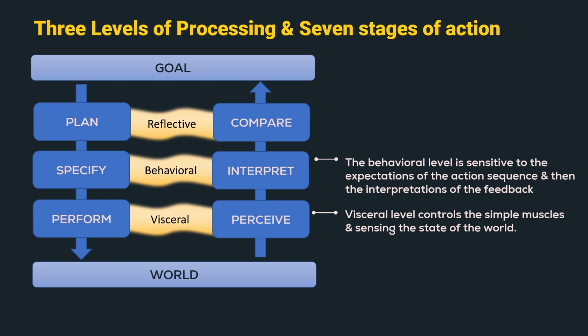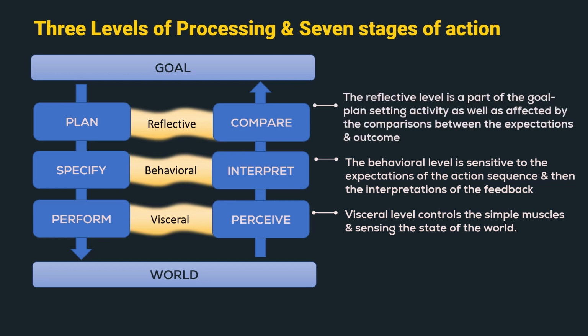Behavioral level is sensitive to the expectations of the action sequence and the interpretations of the feedback. The reflective level acts at the plan and compare stages. Reflective level is the part of the goal and plan setting activity, as well as it is affected by the comparisons between the expectations and outcome.